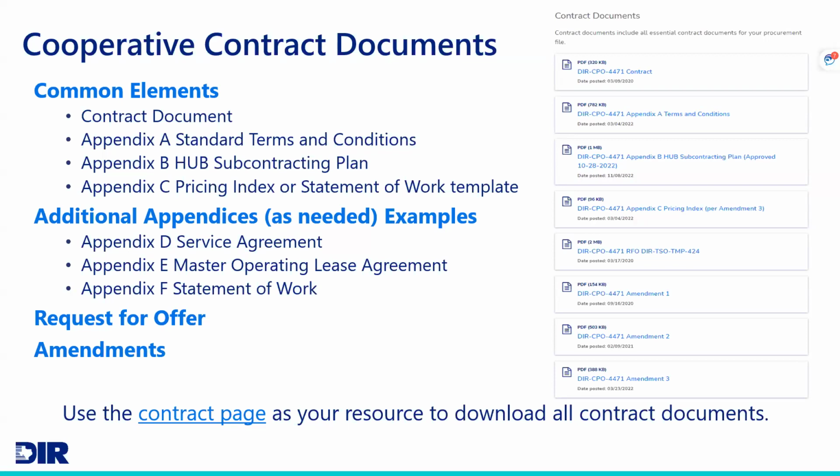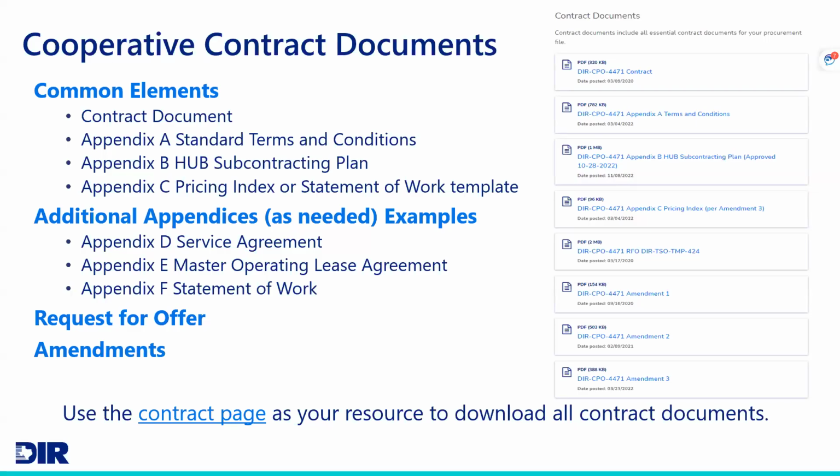You might see service agreements, or you might see lease agreements if those are available. I know a lot of our printer copier contracts have lease agreements attached to them. You might also see a statement of work template, maybe for the service portion of a commodity-based contract.